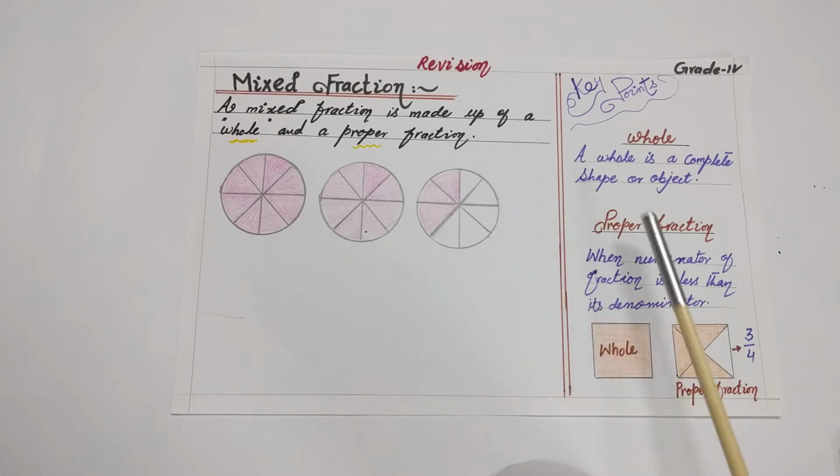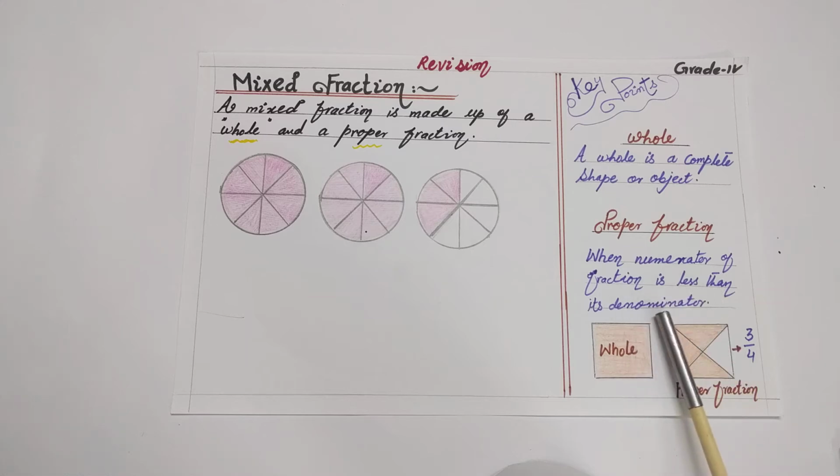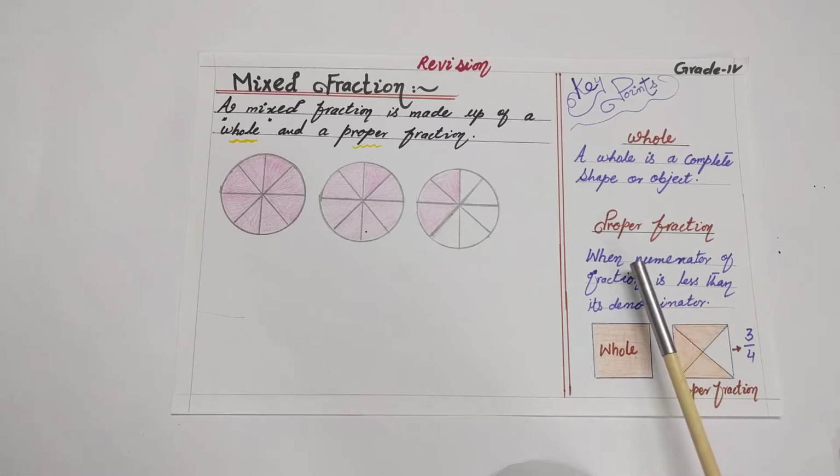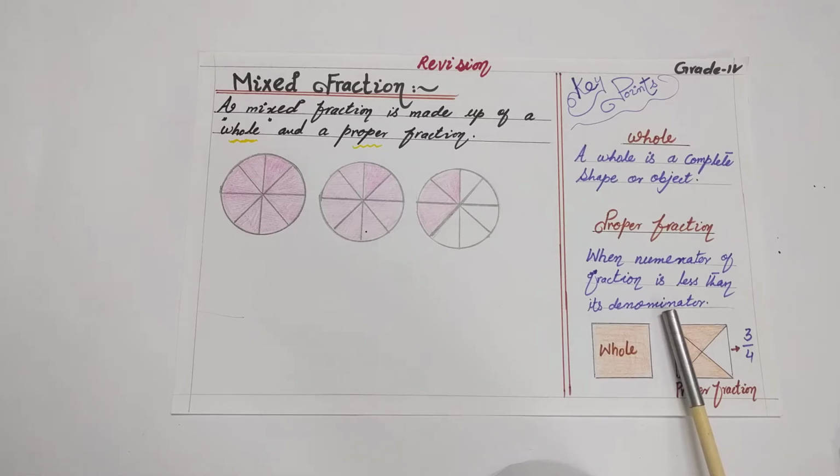So what is proper fraction? When the numerator of the fraction is less than its denominator, then that fraction is called proper fraction. What is numerator? Numerator is actually the number of the parts we have. And what is denominator? It is the number of equal parts a whole is divided into.